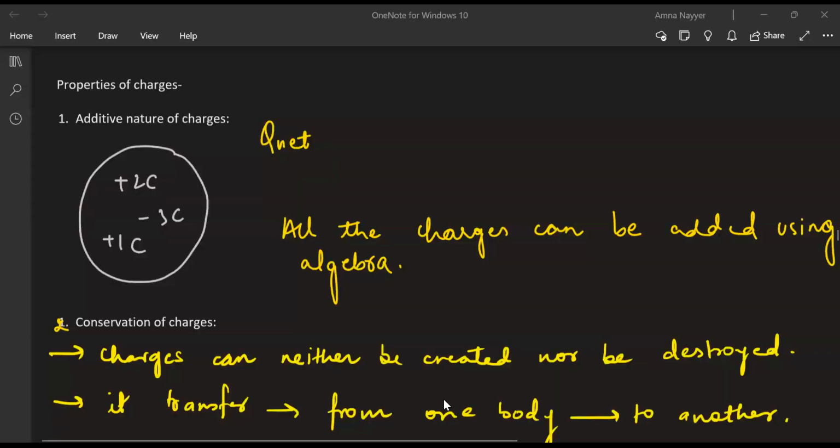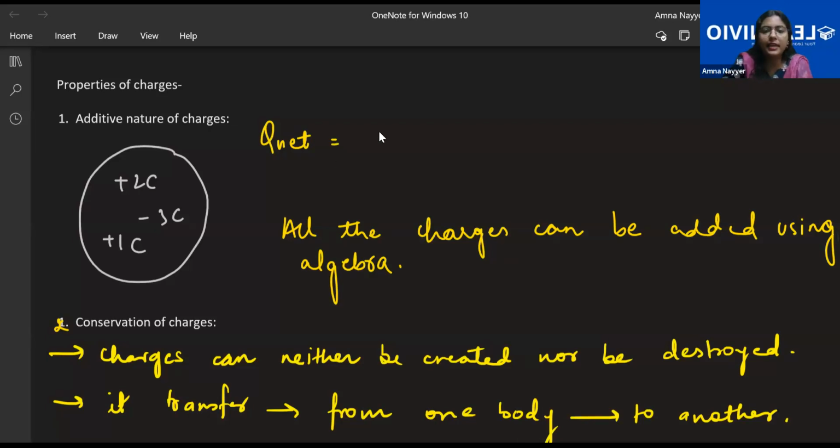So plus 2 coulomb minus 3 coulomb plus 1 coulomb: 2 minus 3 is minus 1, plus 1 is 0. So all charges can be added using algebra.